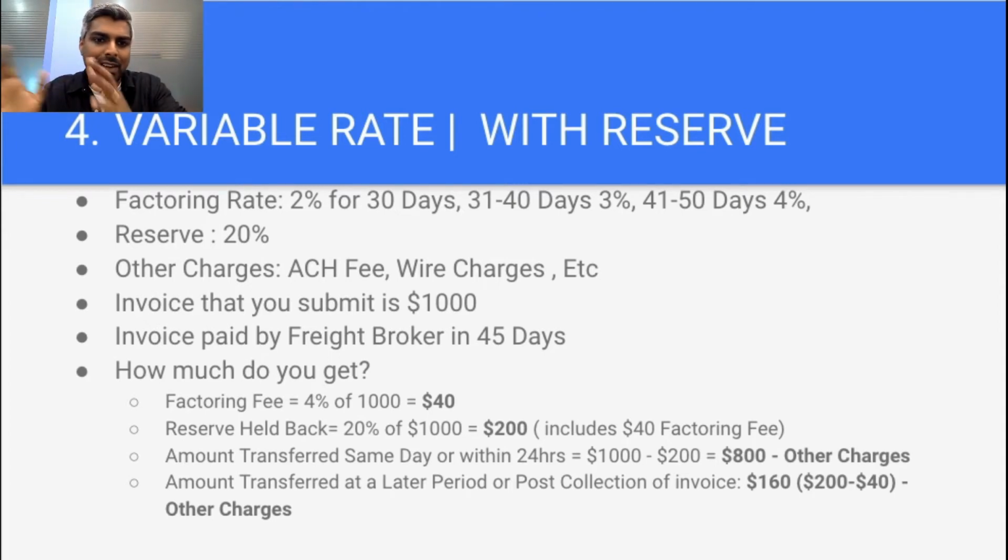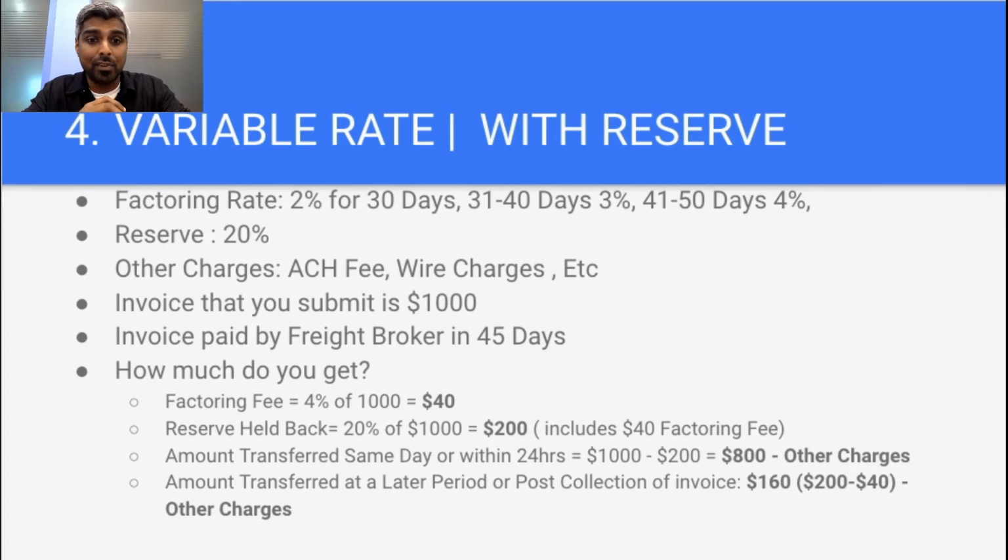Different factoring companies will have different programs. So let's assume in this case, for an example, the factoring company's program is they're going to charge you 2% for 30 days, 3% if the invoice gets paid in 31 to 40 days, and if it's 41 to 50 days, 4%. All right. So I'm just going to use this as a slab for us.